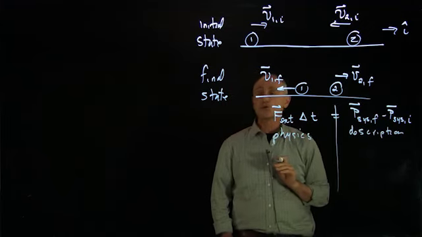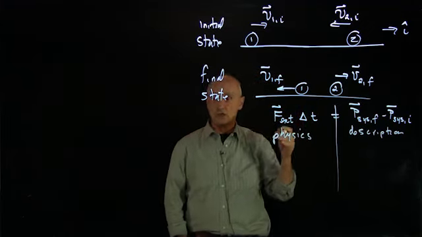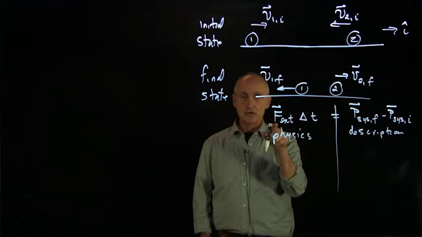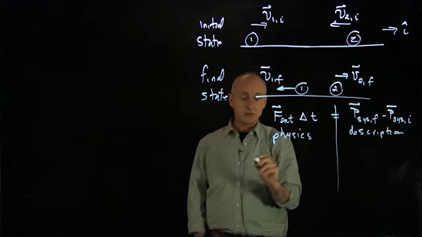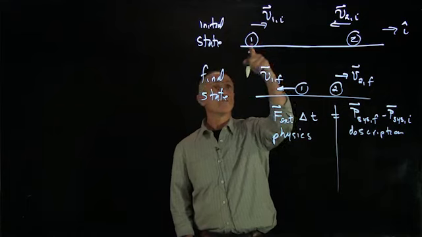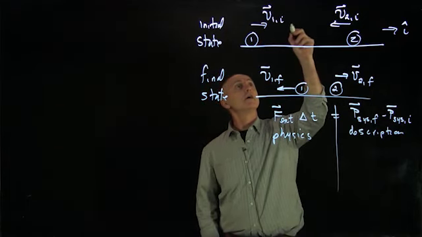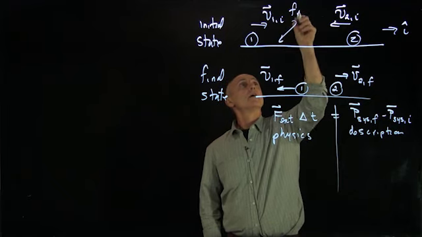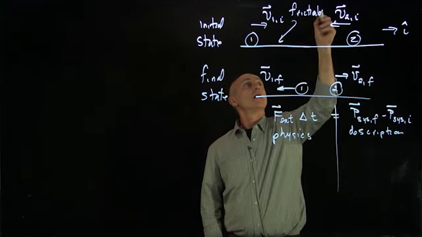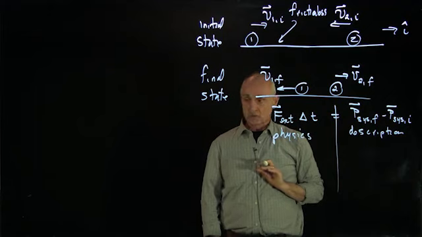Now, for our one-dimensional collision, we need to look at this collision and ask ourselves, are there any external forces acting on the system consisting of particle 1 and particle 2? What we're going to identify here is that this surface is frictionless and we will ignore all air resistance.